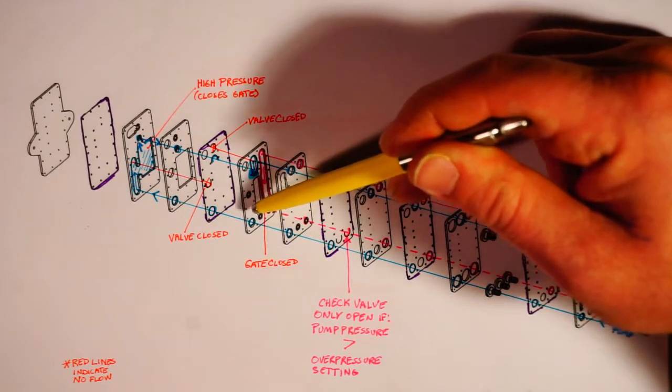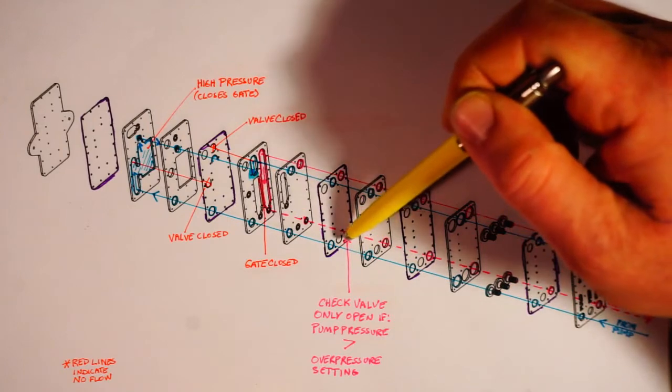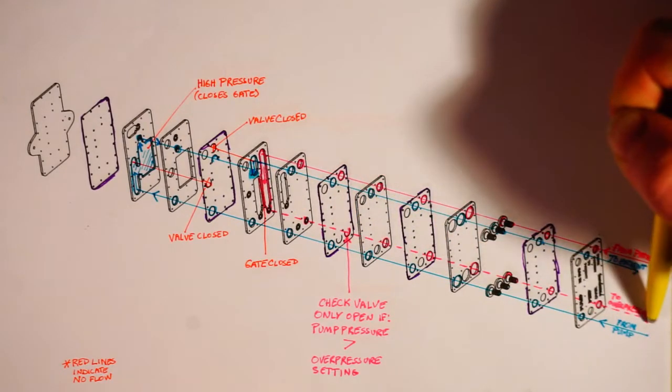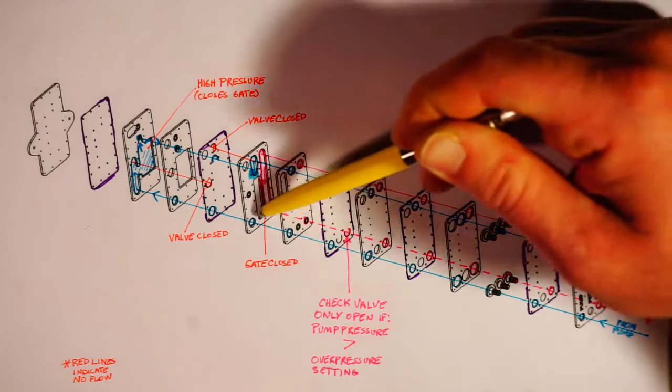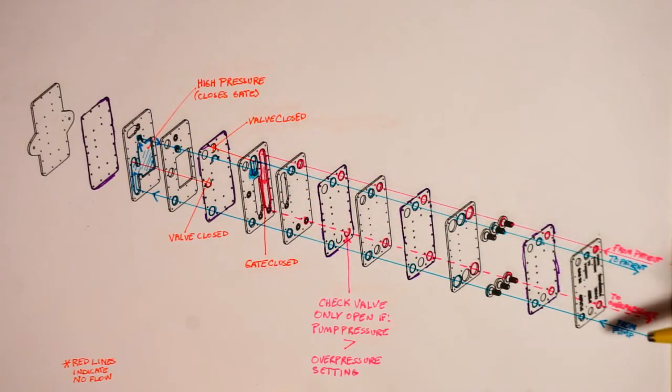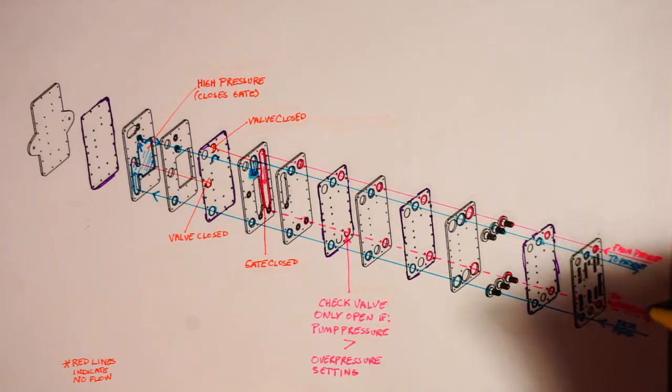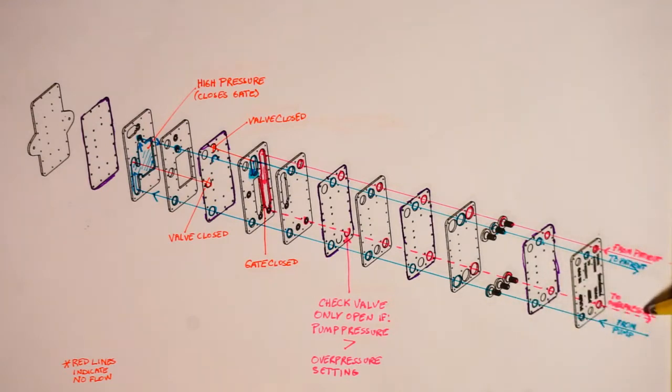Again, it cannot exit the PEEP, but can exit through this check valve and through the overpressure system. You'll notice that this is a dotted line here, and that's because under normal circumstances, unless, say, the patient coughs or something malfunctions with the pump so that it's producing more pressure than the set overpressure in the liquid chamber, there will be no flow from the patient or out to the overpressure system during the inhale cycle.